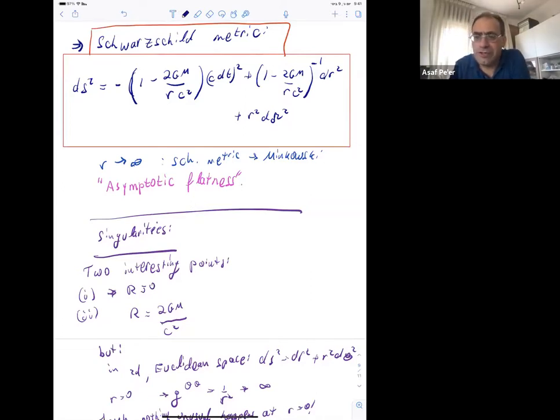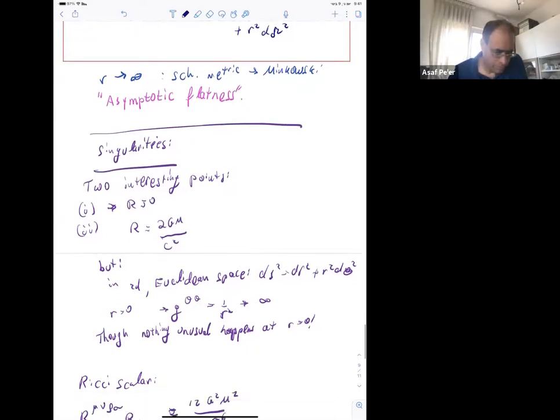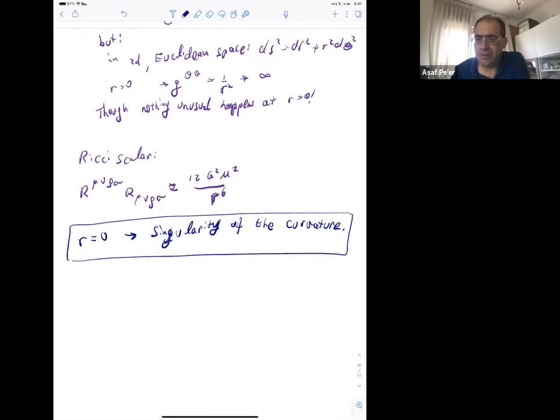We could have chosen another set of coordinates which will give us a much nicer looking point in space. In fact, we will do that. That's called Kruskal coordinates. We will introduce them in one of the next lectures, possibly not this week, but next week.